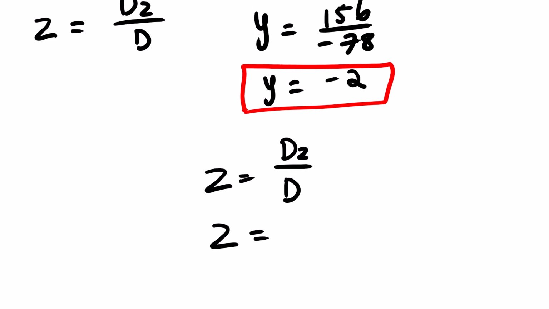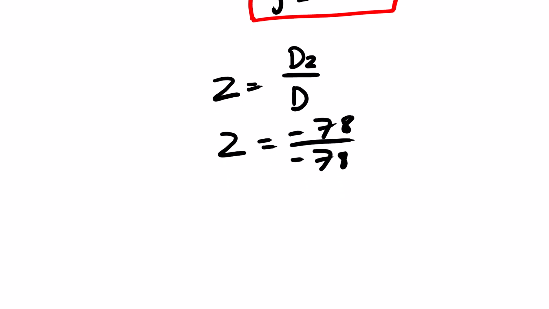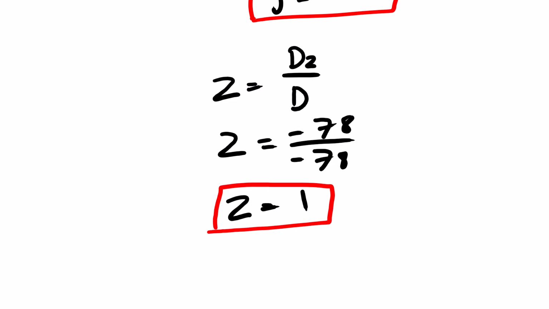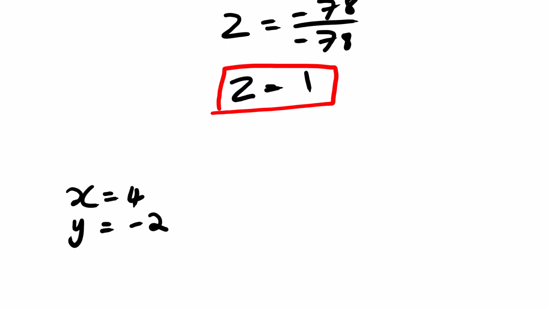So z is equals to negative 78 divided by negative 78. Then our answer is 1. x is equals to 4, y is equals to negative 2, and z is equals to 1. Now these are the solutions using Cramer's rule.